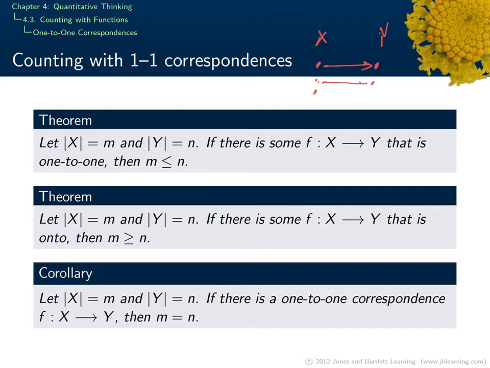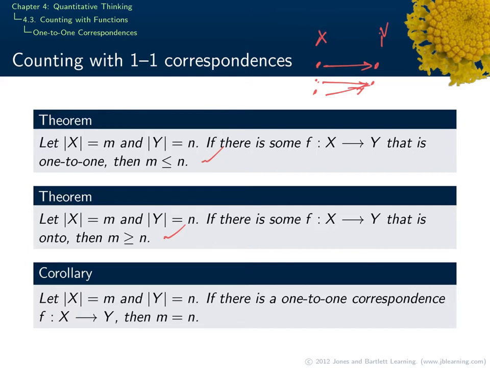So that means that everything in Y is used. So since everything in Y is traced back to something in X, that means that the size of X must be bigger than or equal to the size of Y. So that's this theorem here.